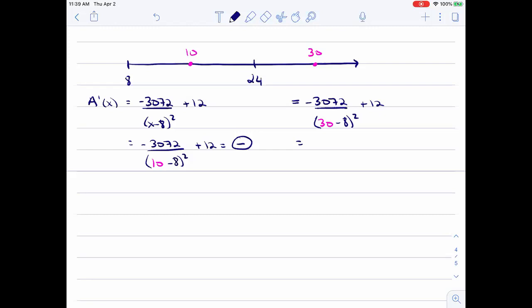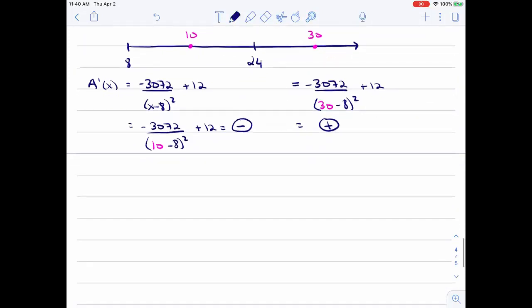Square that, and then negative 3072 divided by that plus 12 puts me on a positive number. So what that tells me is in this interval we've got a decrease, and in 24 and greater we've got an increase.